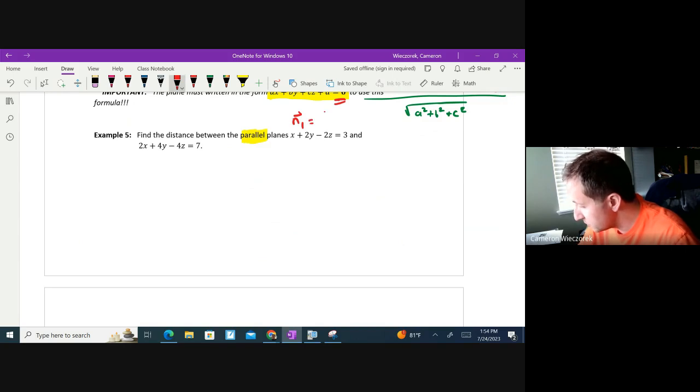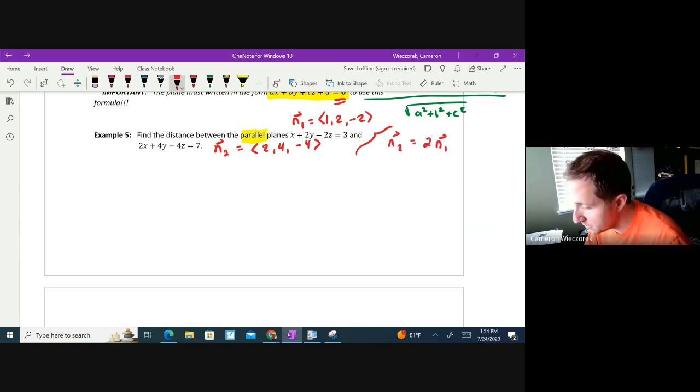The normal vector for the first plane is 1, 2, negative 2. And the normal vector for the second plane is 2, 4, negative 4. And so I can see that the second normal vector is exactly twice as large as the first normal vector. N2 is equal to 2 times N1. So that confirms for me that the planes are parallel.